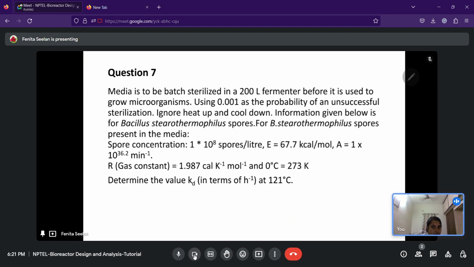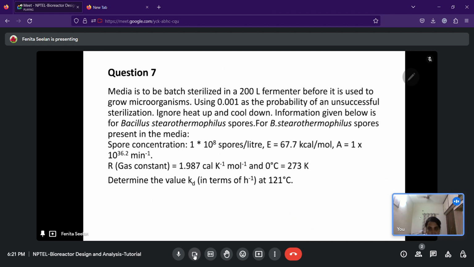The spore concentration is 1 into 10 power 8 spores per liter, and the E value is 67.7 kilocalories per mole. The A value is 1 into 10 power of 36.2 minute inverse. The gas constant R is 1.987 calories per mole per Kelvin, and 0 degrees Celsius is equal to 273 Kelvin. Determine the value of Kd in terms of minute inverse at 121 degrees Celsius.